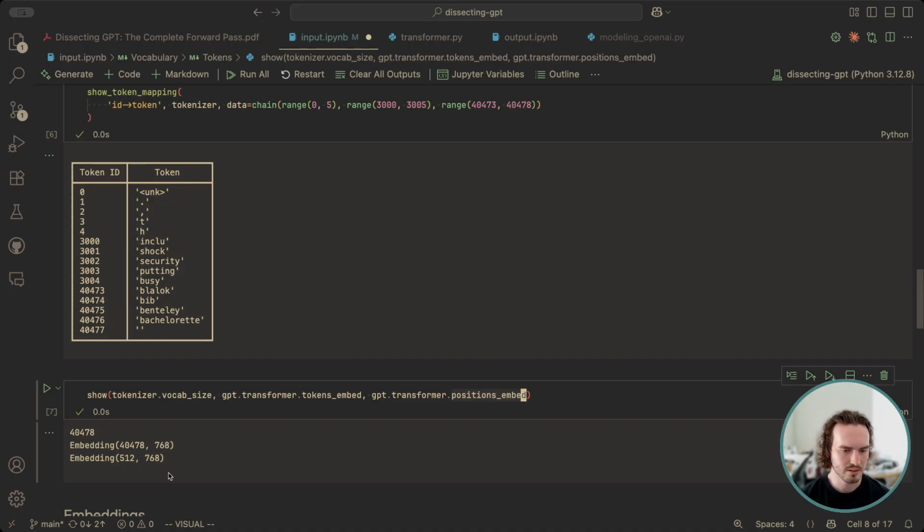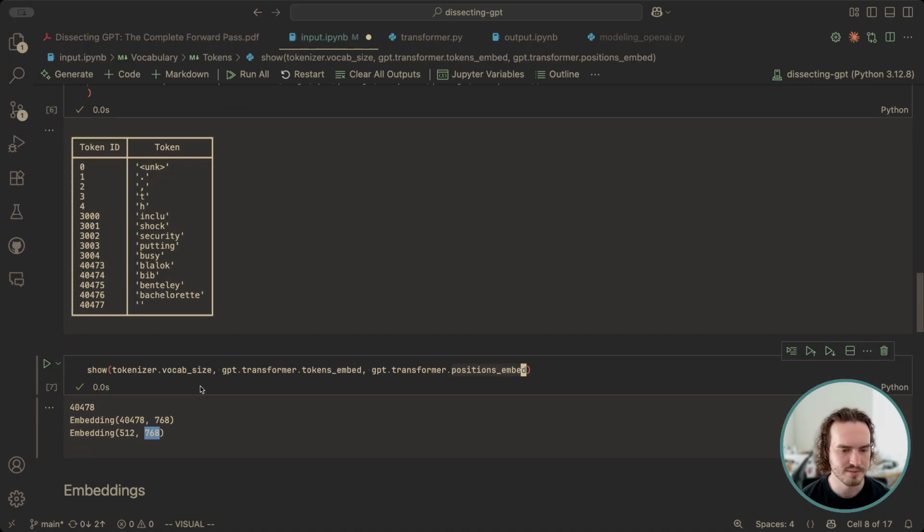And so you may recognize that as the idea of a context window. And so notably, it has that many slots positionally, but it has the same dimension of the embedding. So both tokens and positional embeddings are represented in the same number of dimensions.